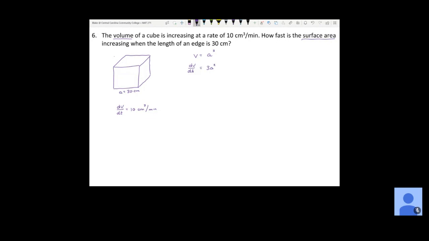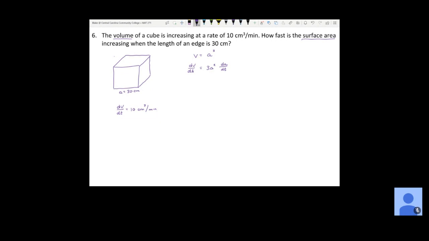But because we're taking the derivative with respect to time, what else do we need to remember here? A dA/dt. Good. Just remember, every variable that you're taking the derivative of, we're taking it with respect to time, so you're always going to need that variable with respect to time over there.